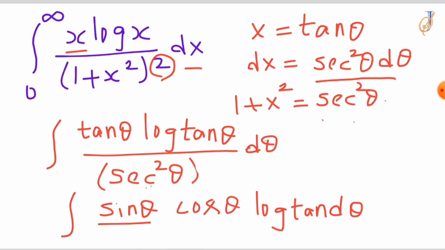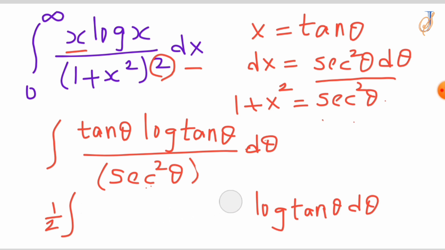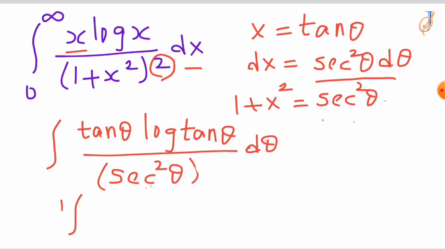So now we have sin θ cos θ log tan θ dθ. If you multiply and divide by 2, then you will get 1/2 times 2 sin θ cos θ, and the formula for 2 sin θ cos θ is sin 2θ. After a few more steps, we got 1/2 integral of sin 2θ log tan θ dθ.